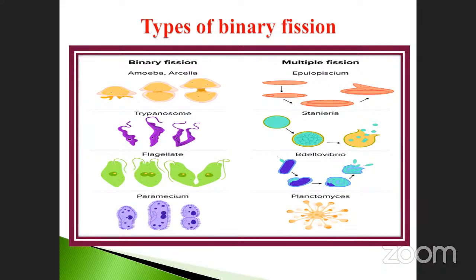That means karyokinesis is possible 100 times. It comes out and also gathers some cytoplasm. Then only it comes out. Then again it enters into binary fission.